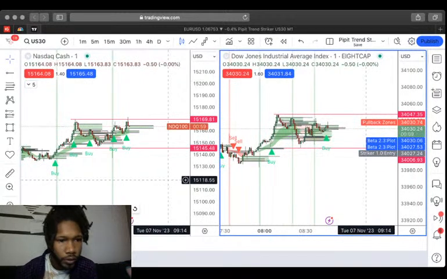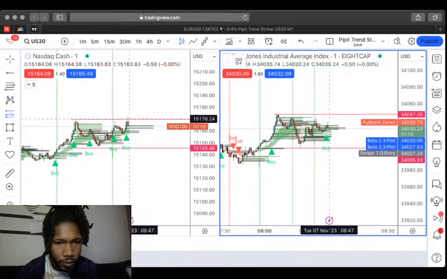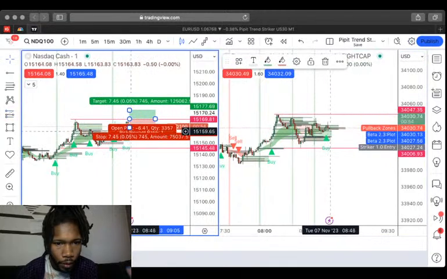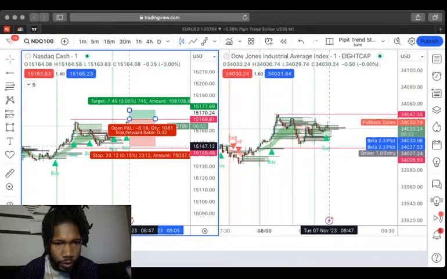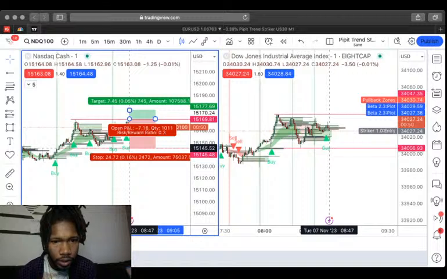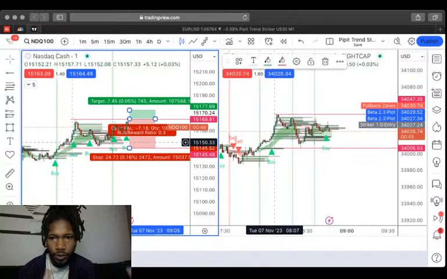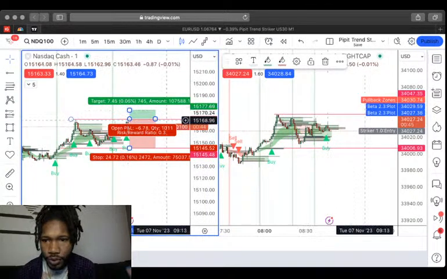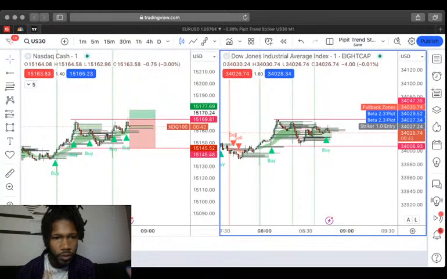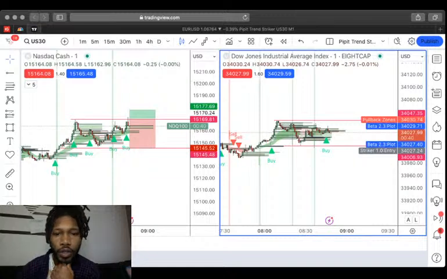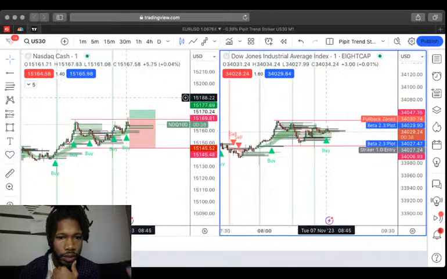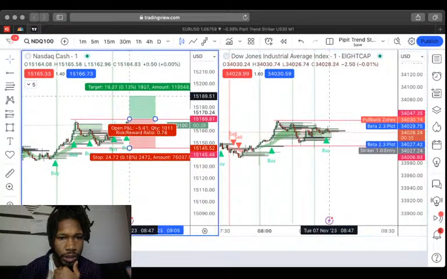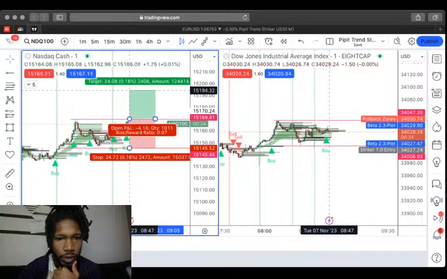Stop loss. I'm trying to figure out 25 points. That's about a 1/4% risk. So we're looking at a 1/4% risk on NASDAQ, whether we take it to the upside or to the downside.